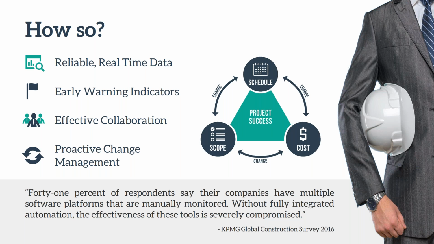And third, by giving project teams a common ground for effective communication and collaboration among all project stakeholders. And finally, by combining all of these features into one system to proactively manage changes and their impact to cost, schedule, and scope, a balance that we commonly refer to as the project management triangle.